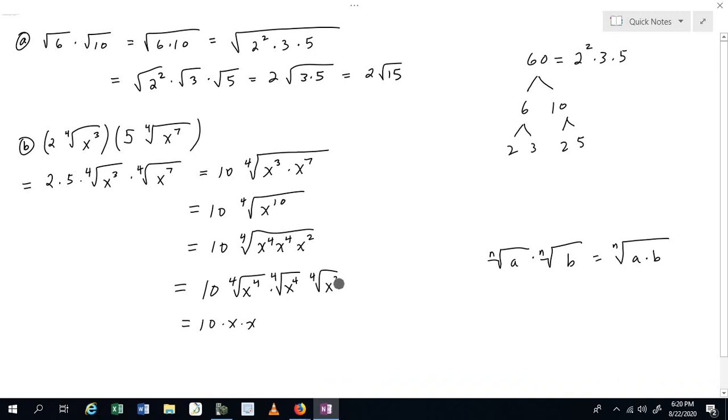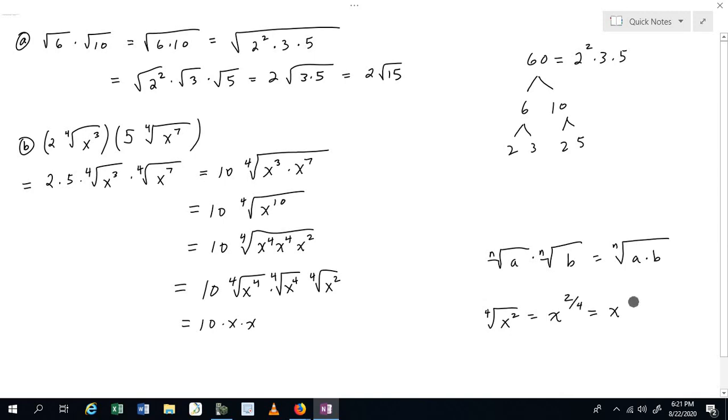And so the way we handle that is you can write this as, remember, x squared over 2. Oh, sorry, x squared over 4. So the exponent is 2 and the index is 4. Right? The index goes on the bottom and the power goes on top. And then these cancel.